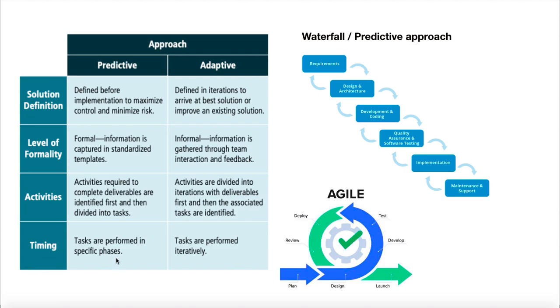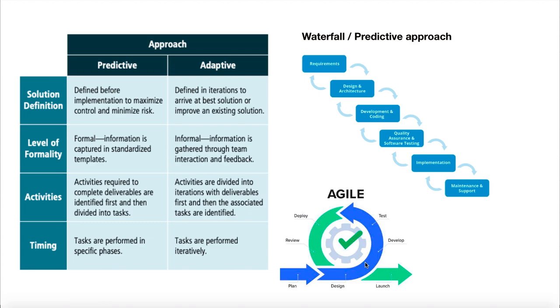In the predictive approach, tasks are performed in specific phases. As I said, the predictive approach is more of a phase by phase implementation. Whereas in adaptive, they are performed in iterations. Every iteration could be 2 weeks, or it could be 3 weeks, and tasks are performed iteratively. The tasks, when I say tasks, are development, testing, and maybe analysis, and then it's moved to production.